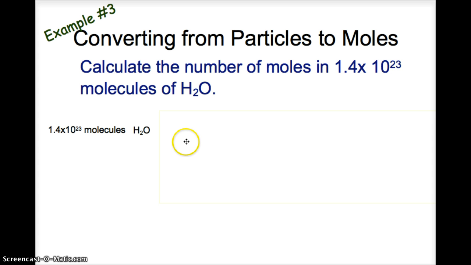I am now going to apply an equivalence, and that equivalence is 1 mole is equal to 6.02 times 10 to the 23rd things. Something has to go on the bottom, something has to go on the top. And notice here I put 6.02 times 10 to the 23rd molecules of water in the bottom, because I need this molecule term to cancel the molecule term that is in my numerator right here.